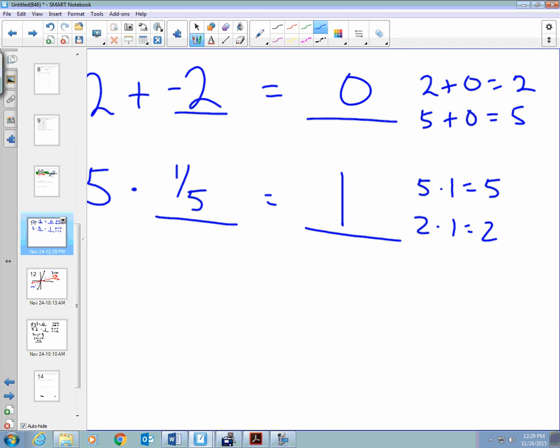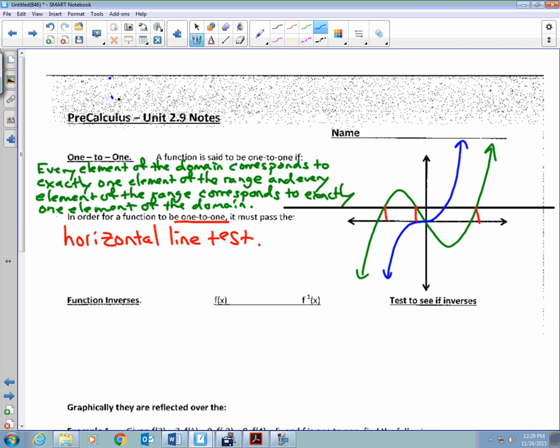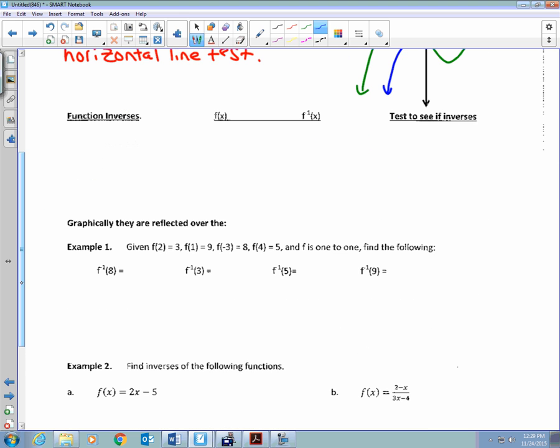So what we need now is a function inverse. And function inverses are like this. We switch x and y. We switch the domain and the range.